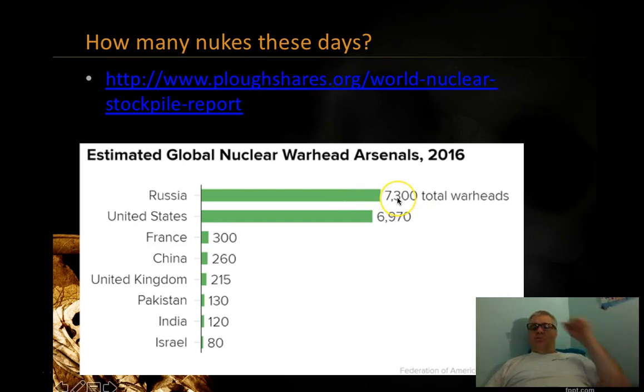Both the Soviet Union and the United States back in the 80s had closer to 10,000 apiece, but they've reduced those stockpiles. And you can see that other countries like France, China, UK, Pakistan, India, Israel all have on the order of 100 or so nuclear weapons. And of course, North Korea is not on this list, but they now have some, though by most estimates it's still less than 10.